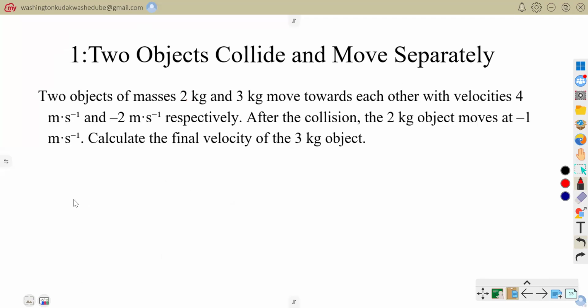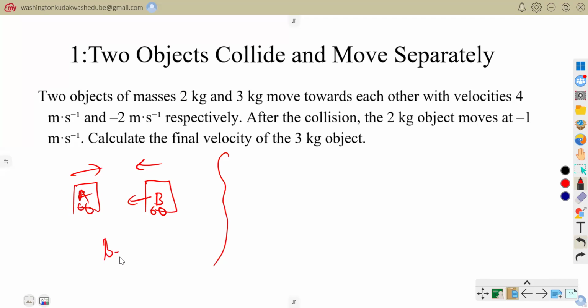Like for example, let's say initially I've got trolley A that is moving towards the right, and then I've got trolley B that is moving towards the left. These two trolleys collide. That is before.